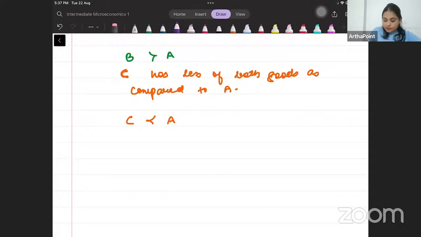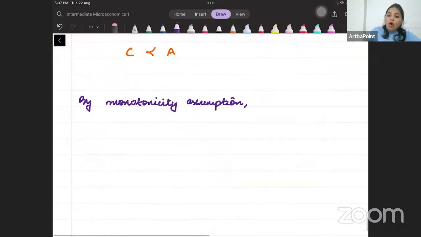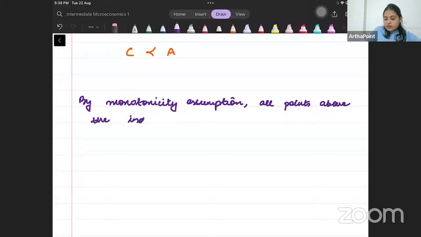So please write down. By monotonicity assumption, all points above the indifference curve represent more preferred set.